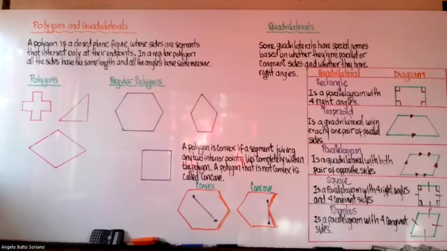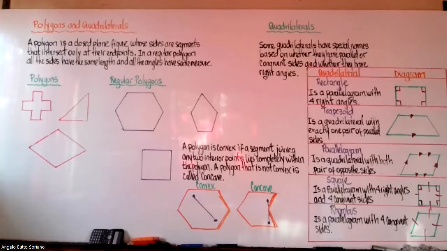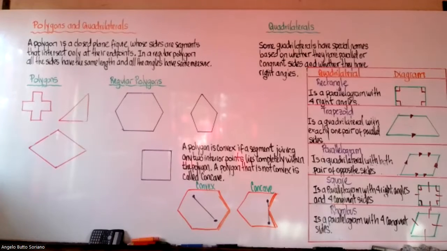The base will be parallel with the base and the height will be parallel with the height. But if you see the picture of this parallelogram, there are no right angles. We only have a parallel sign, a couple of arrows on the horizontal and vertical lines. That means parallel. Okay, this is the definition of the parallelogram.